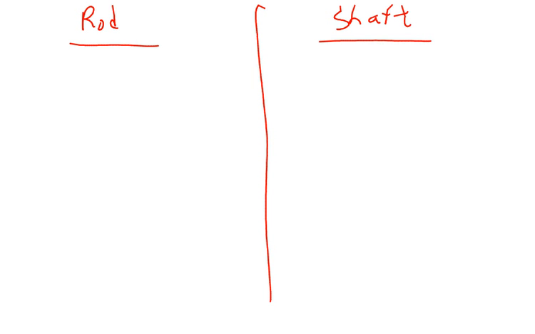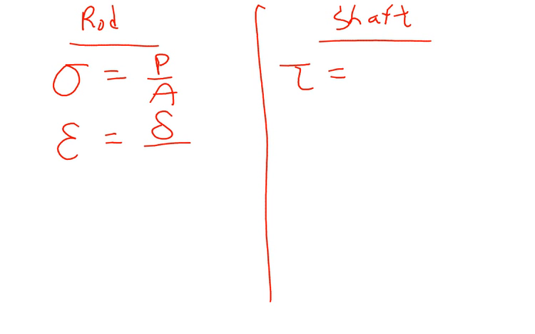The stress here for the rod was sigma, or a normal stress, equal to P over A. For the shaft, we have a shear stress. I need tau equal to something, and we'll get to that. Going back to the rod, we have strain, epsilon, equal to deformation over length.